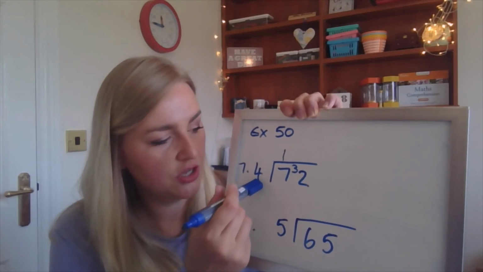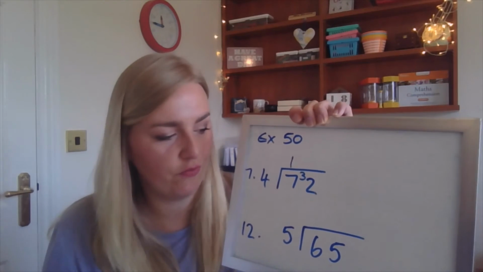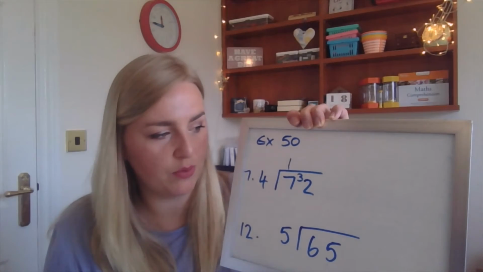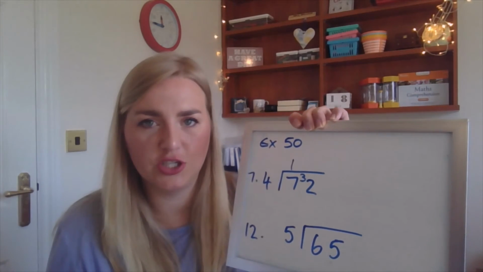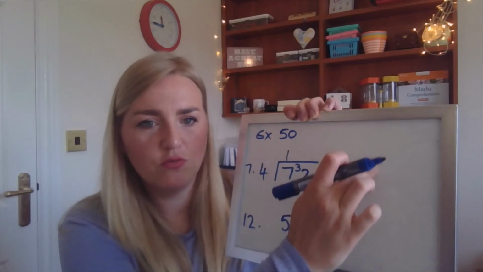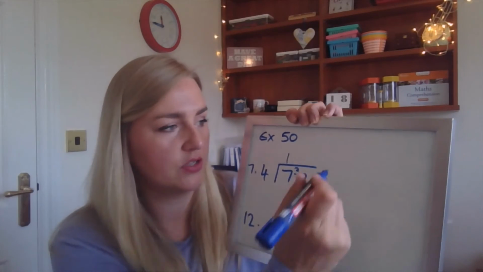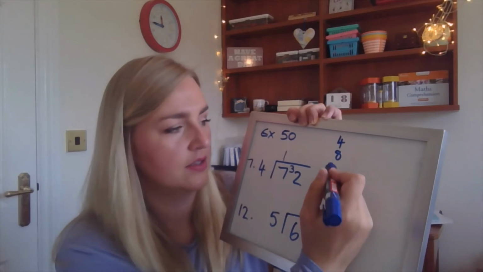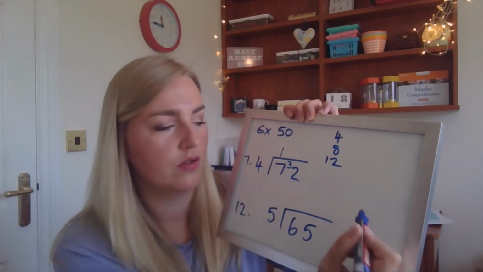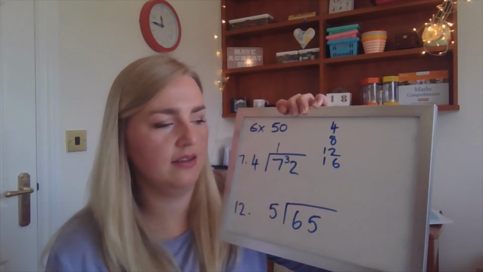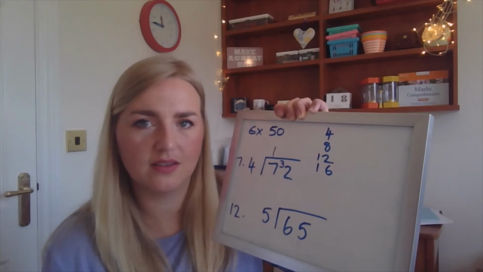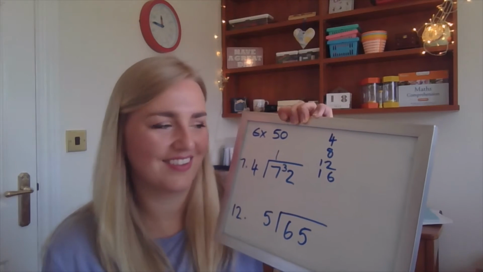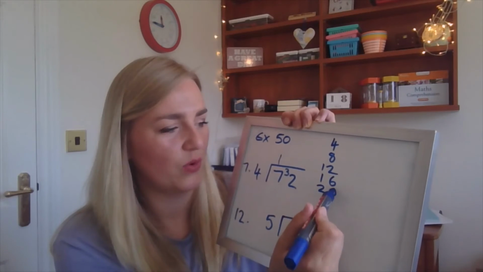So now we need to know how many times we can get from 4, counting in our 4 times table, to get to 32. Now why don't we write our 4 times table out here to help us? So we've got 4, 8, 12, 16. What comes next? 20.